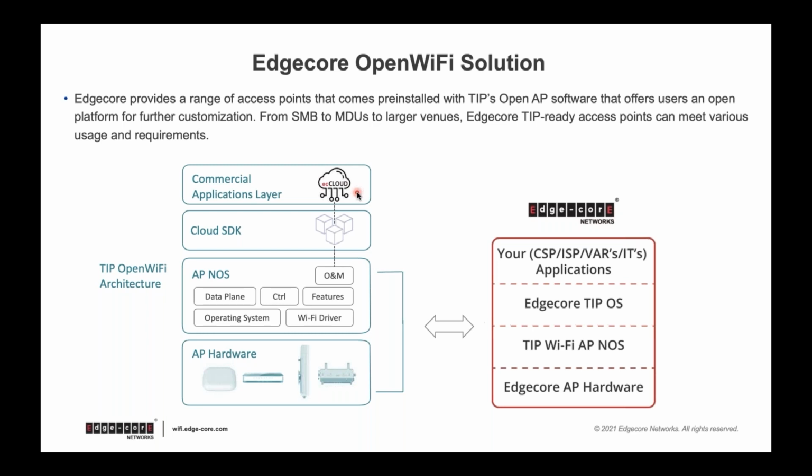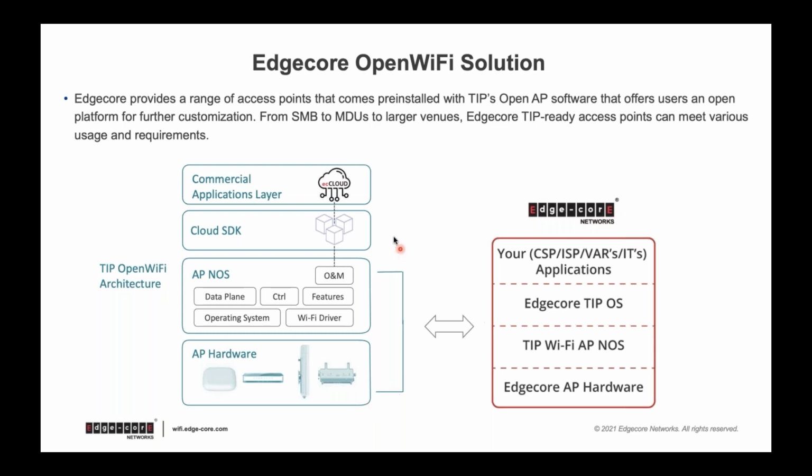Previously, Edgecore provided the OpenWiFi solutions for the bottom 2 layers. Edgecore provides hardware platforms and software, and also the development environment for TIP partners and customers to provide the service to their customers or to build their own software.